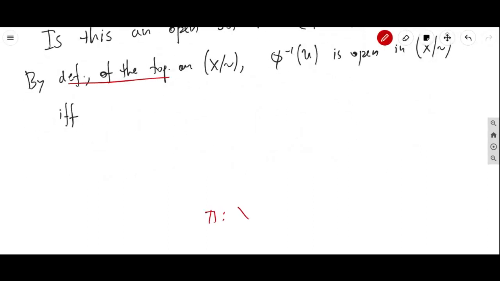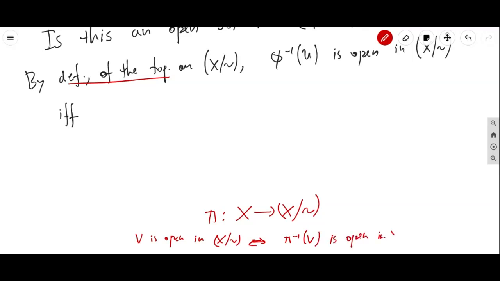We have this mapping pi from X to X mod tilde, and then we say that V is open in the quotient if and only if the pullback of it is open in X. So that's the way we topologize the quotient.